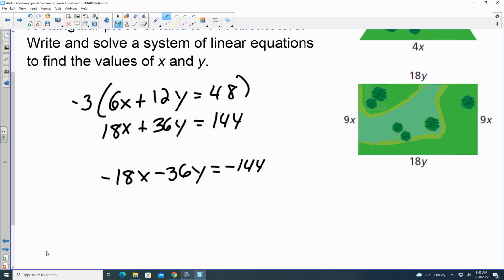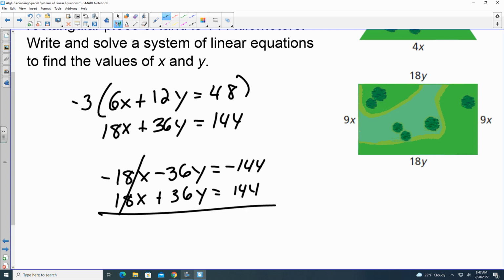So what we got here is 18x plus 36y is equal to 144. This gets canceled, this gets canceled, this is 0, and -144 plus 144 gives me 0, so this is a true statement.